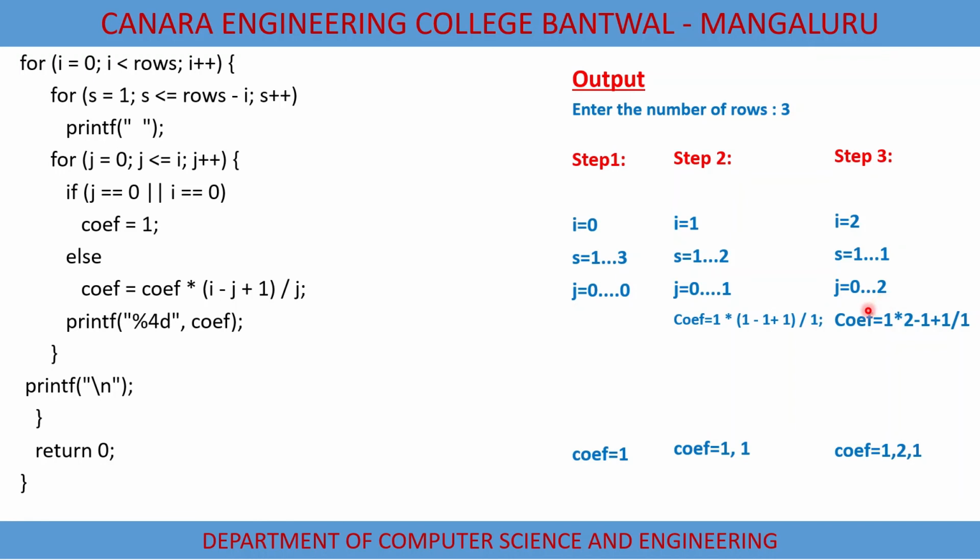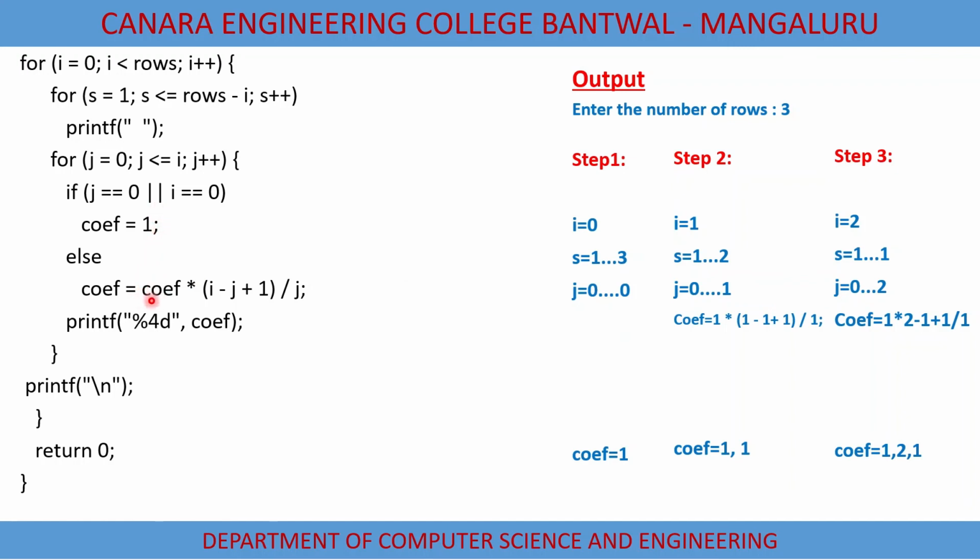So first it generates J is equal to 0, it will check whether J is equal to 0 or I is equal to 0, so J is 0, so coefficient value is printed as 1. Again it skips that else part, again it goes up, J value is incremented, J becomes 1. As J is not equal to 0 and I is also not equal to 0, it performs a calculation.